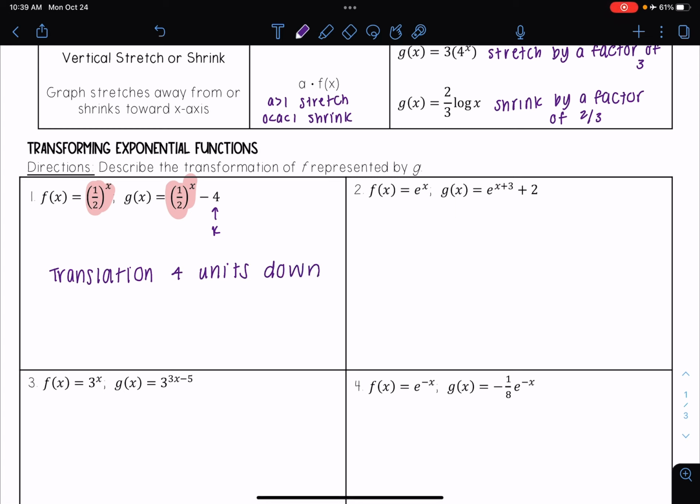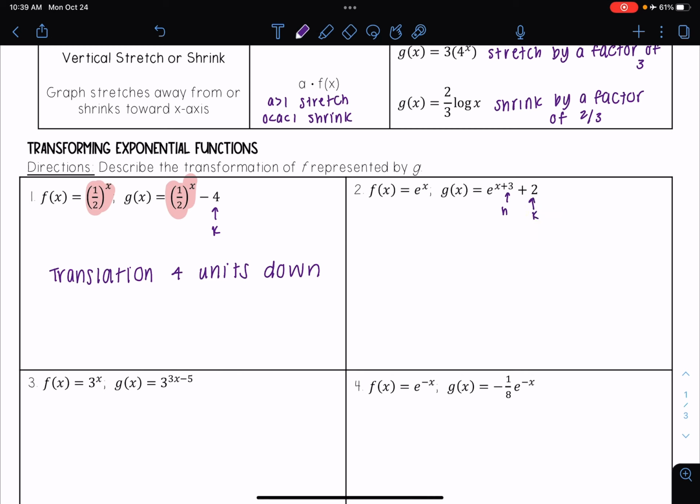Okay, this next one, I have my parent function is f of x is equal to e to the x, and then g of x is equal to e to the x plus 3, plus 2. So I see here what changed was that plus 3 and that plus 2. So that plus 3 is my h, and the plus 2 is my k.